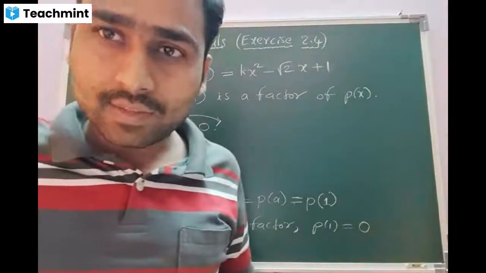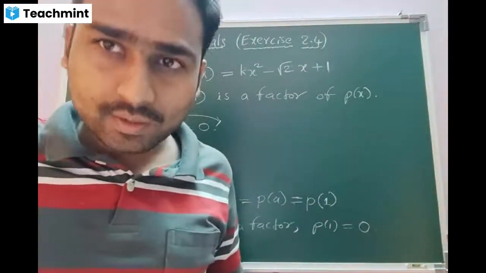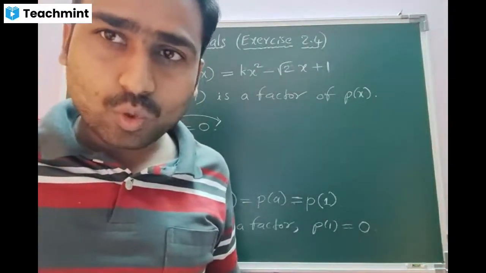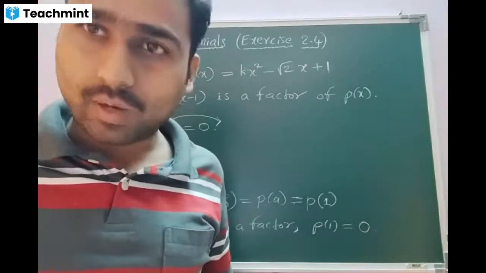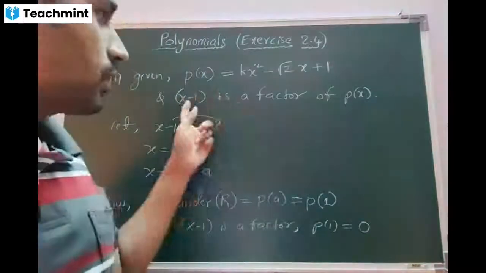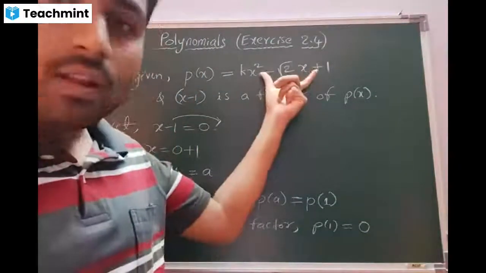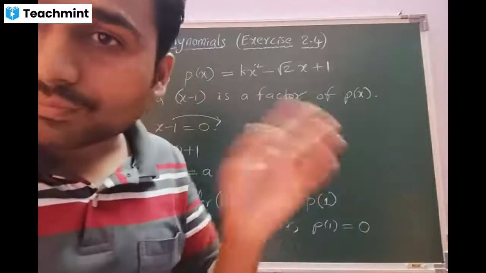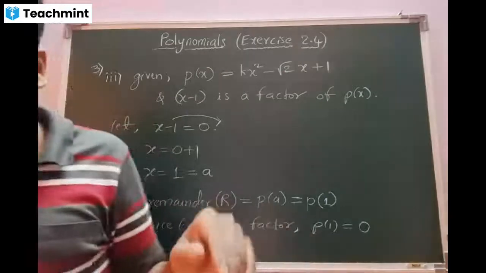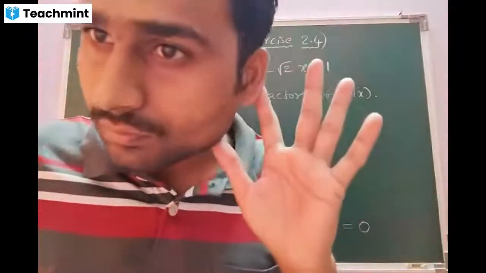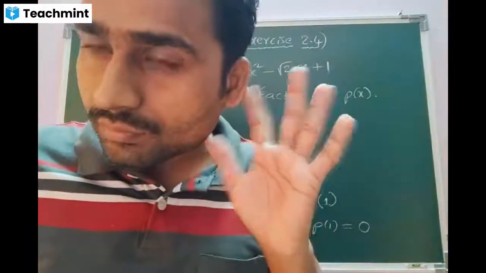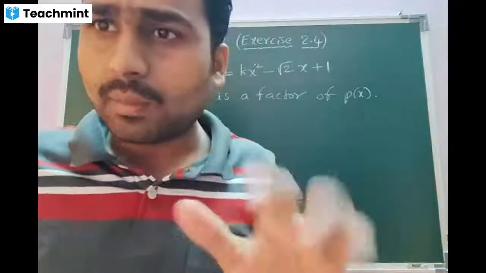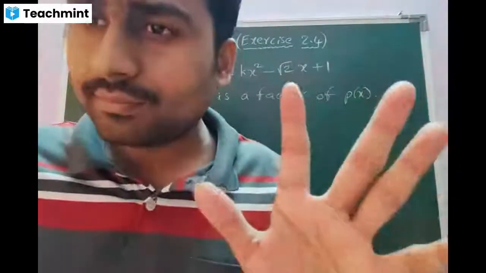P of x is equal to k into x square minus root 2 into x plus 1. Here also x minus 1 will be a factor. How to find what? The value of k.